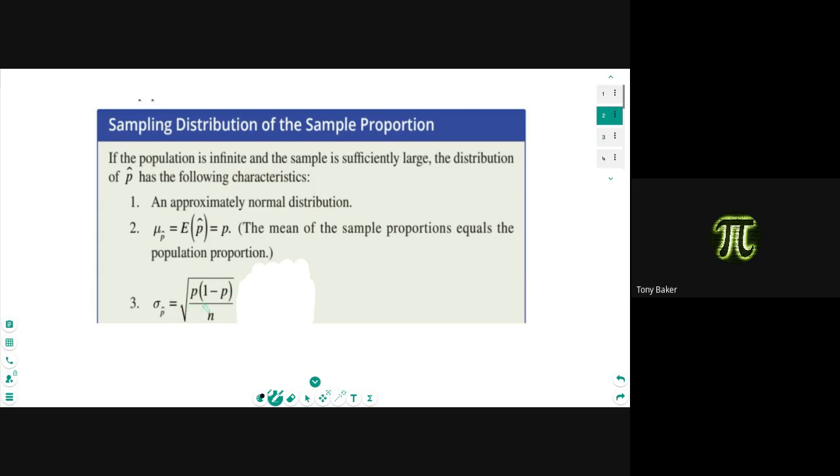And your standard deviation is basically the same as what we had before. It was p times 1 minus p, but this time it's divided by the n. So a couple little changes in the formulas for these. However, once we go through and see it, you'll notice the process is very, very similar.